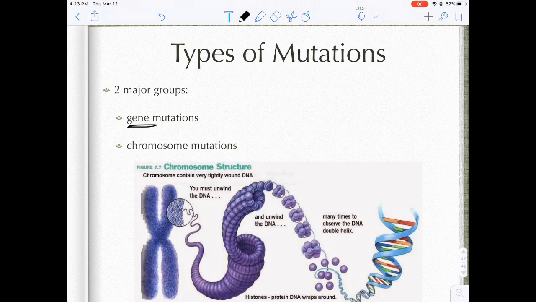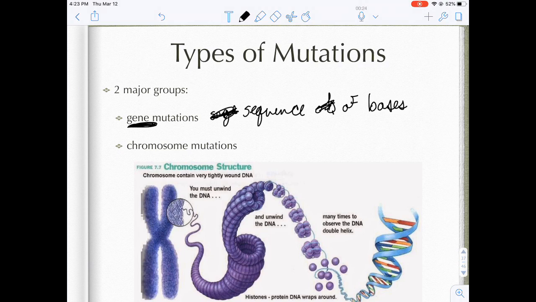There's mutations that happen on the gene level, which basically means in terms of the sequence, the sequence of bases. And then there's also this idea of chromosome mutations.